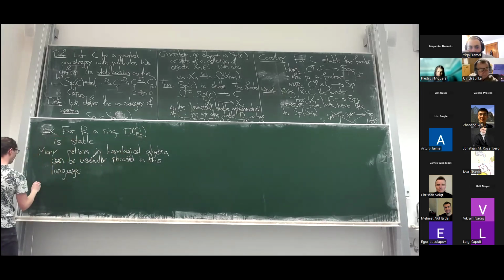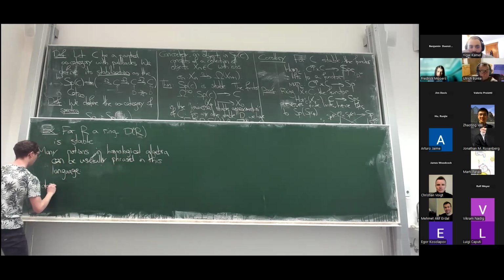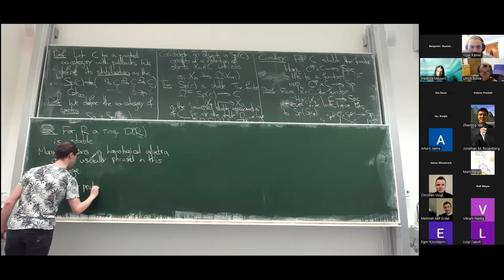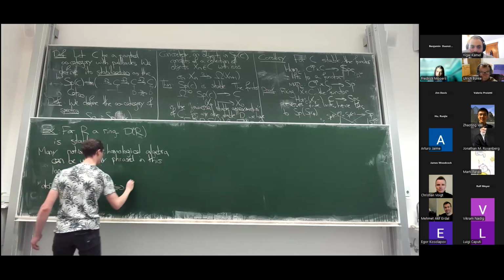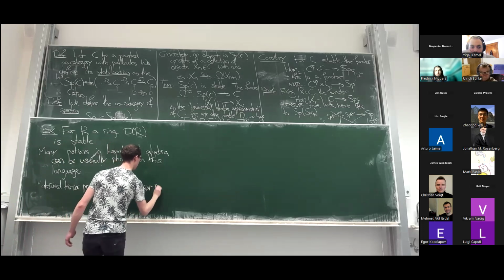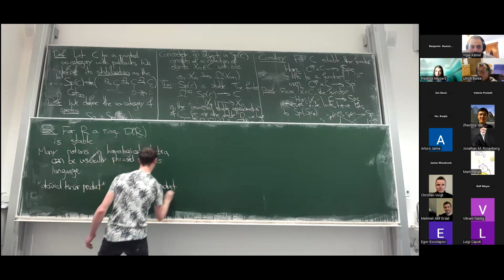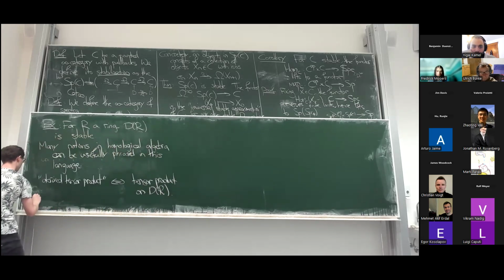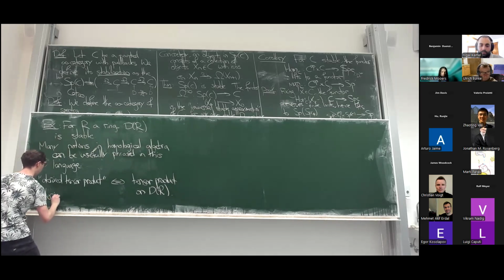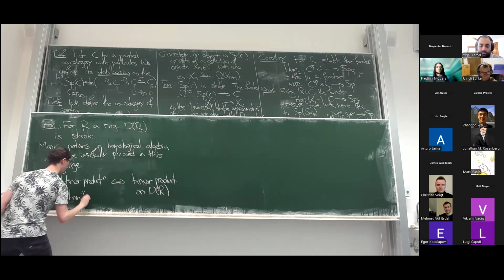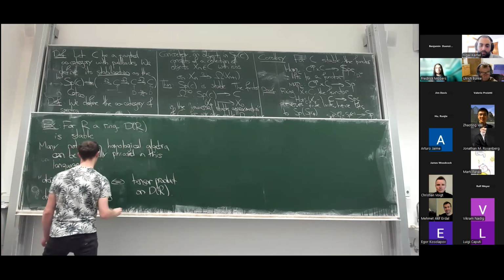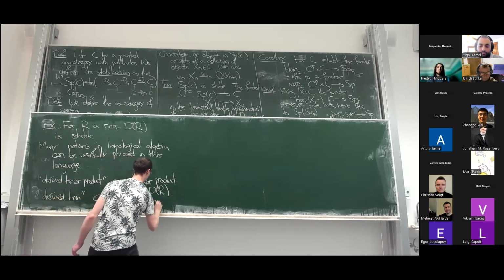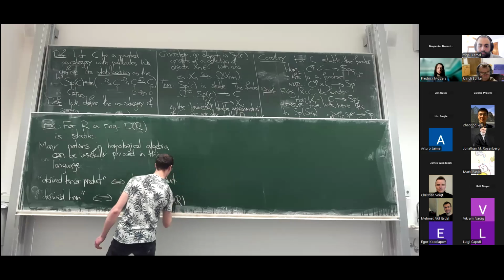For example, the derived tensor product corresponds to a symmetric monoidal structure on D(R), and the derived hom corresponds to the internal hom in this infinity category D(R).